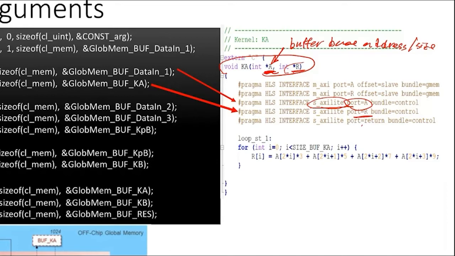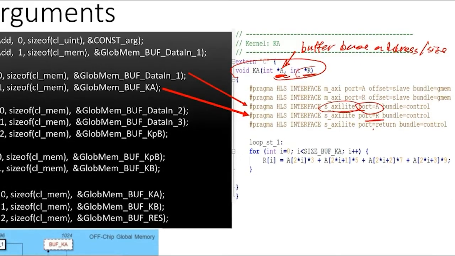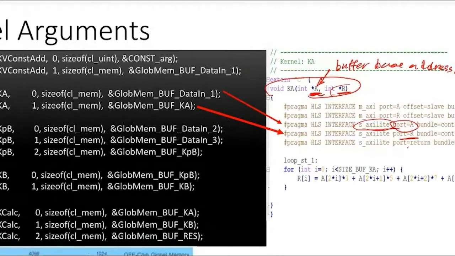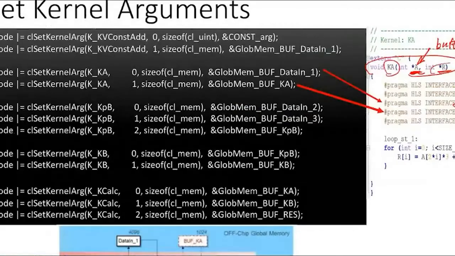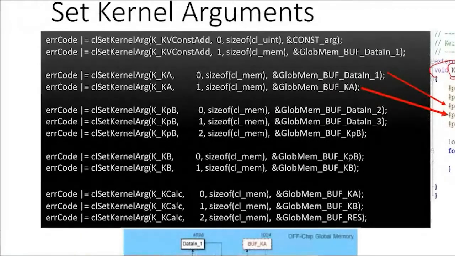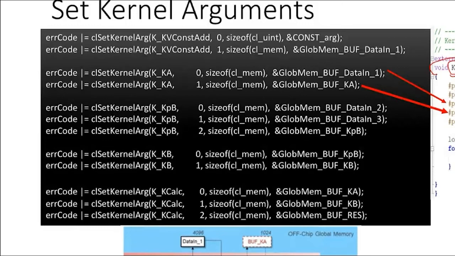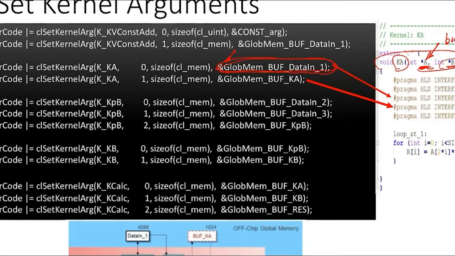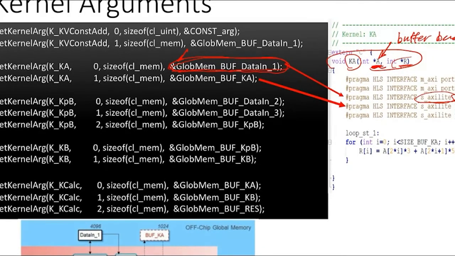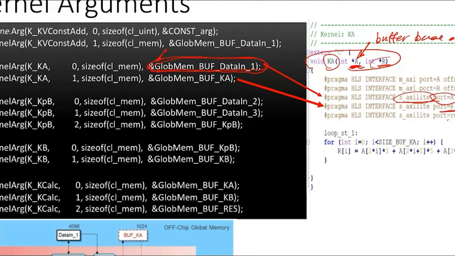So for KA, you have two arguments you have to feed in. For the A input, it is from the data in 1 buffer. This gives you the address of the buffer, and you program it into this kernel function through the AXI Lite interface.